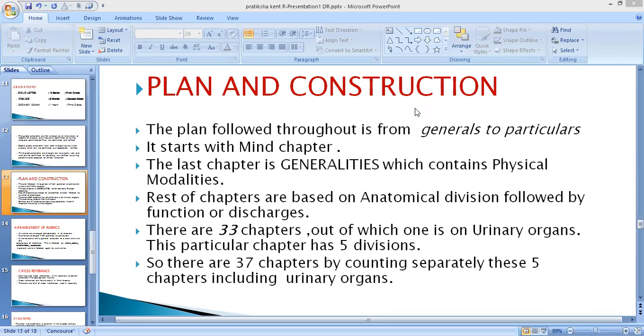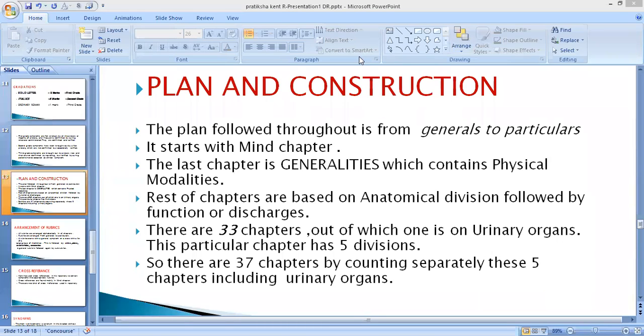Then in this repertory, as we discussed yesterday, the construction, the plan, or the arrangement is from general to particular. It starts with section mind and ends with section generalities.